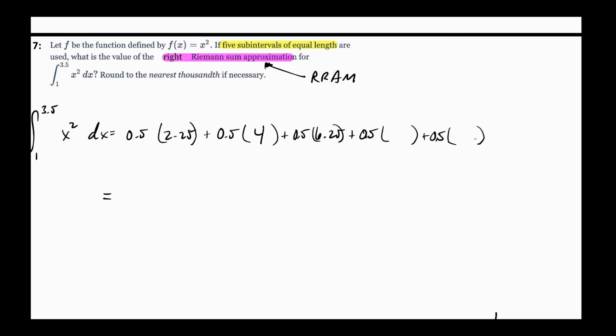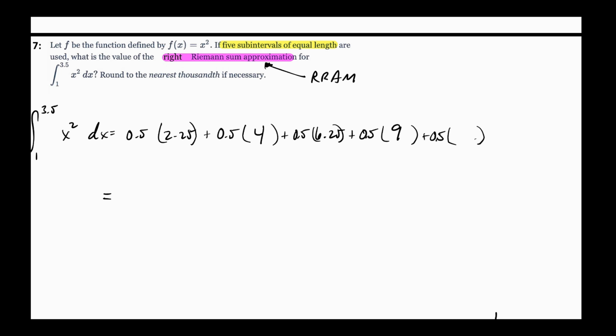Okay. So we go from 1 to 1.5, 1.5 to 2, 2 to 2.5, 2.5 to 3, that's 9, right? 3 squared is 9. And then the last one is 3 to 3.5, right? And that's the right edge of the bound.